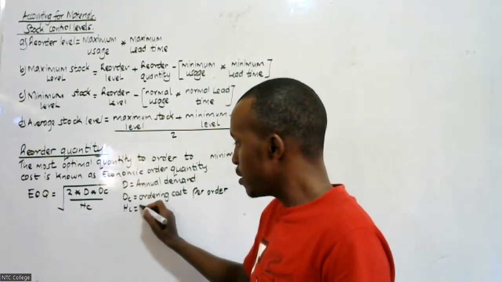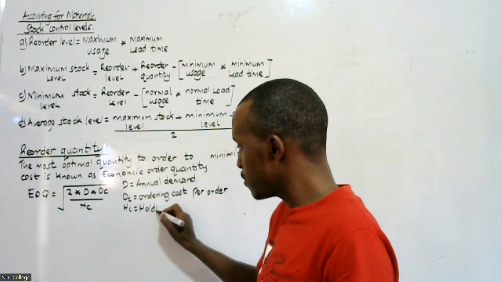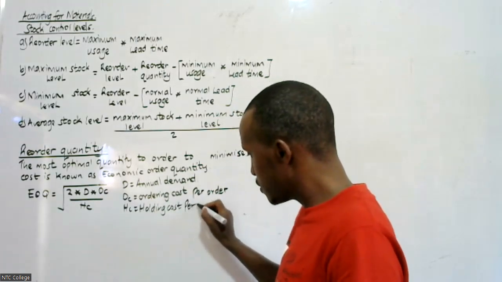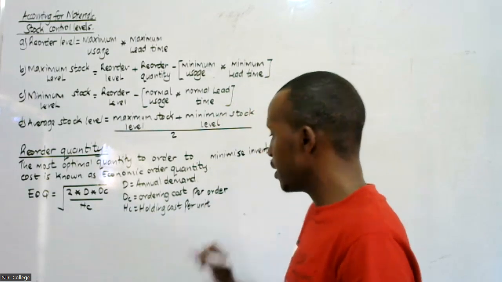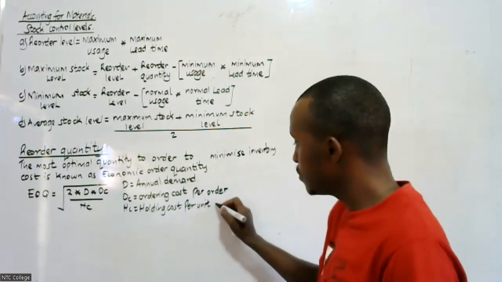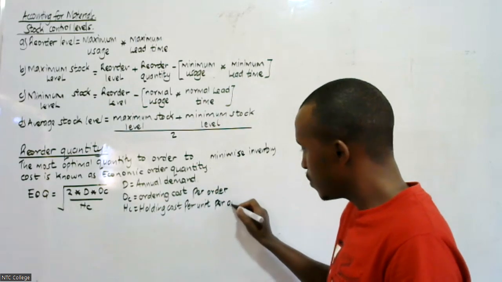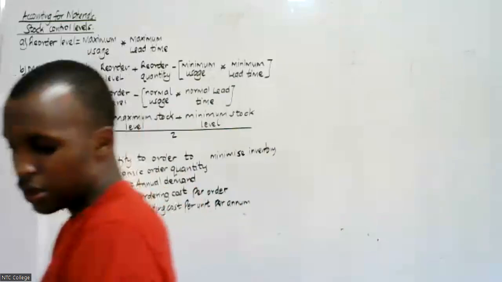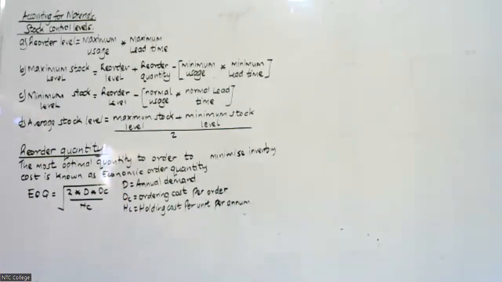HC is your holding cost per unit per annum.